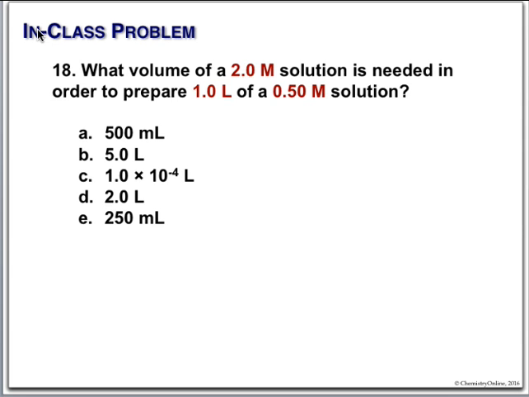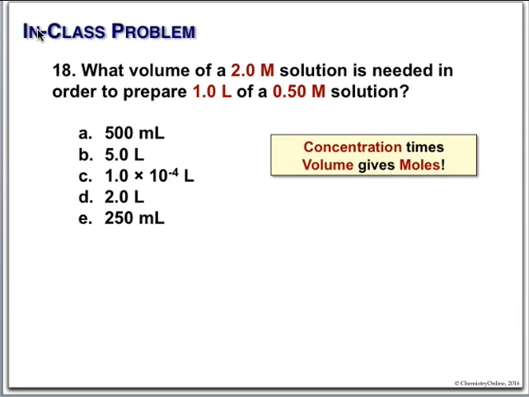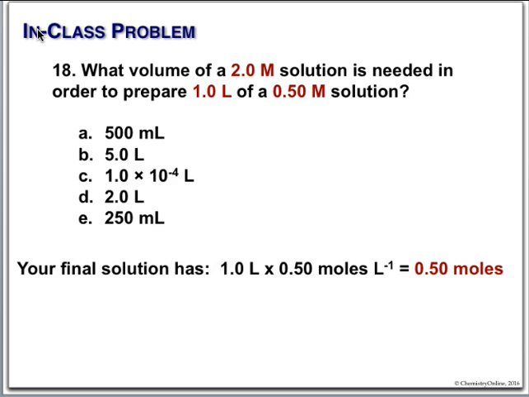In our final solution, we're going to have 1 liter of 0.5 molar. That's a concentration and a volume, isn't it? What does that give us? Moles. So in our final solution, how many moles of this stuff will we have? 1 times 0.5, or 0.5 moles.